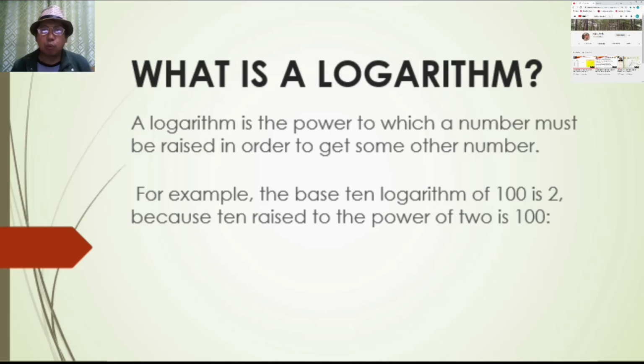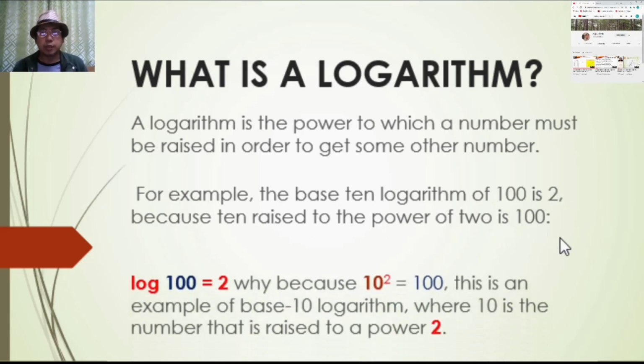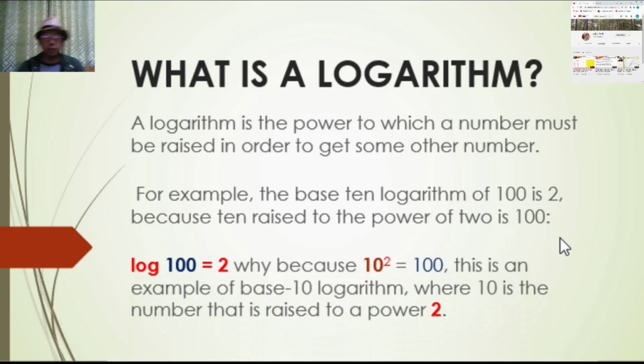Meaning to say, what is that power that makes a result of 100? That is the same as the 2, meaning to say this 2 is being used as the exponent of the 10 to get 100, meaning to say 10 raised to 2 will give you 100 as a result. Okay, so that is what we mean when we say logarithm.